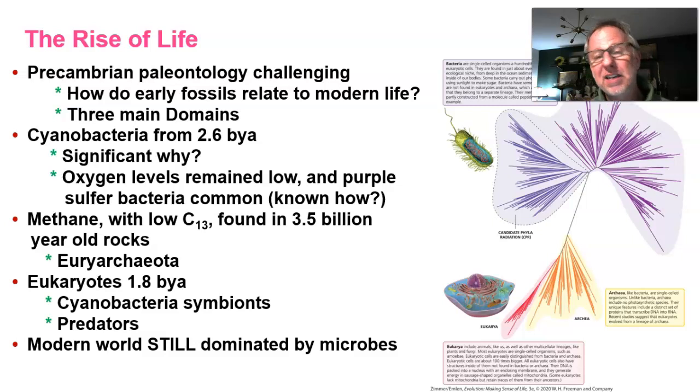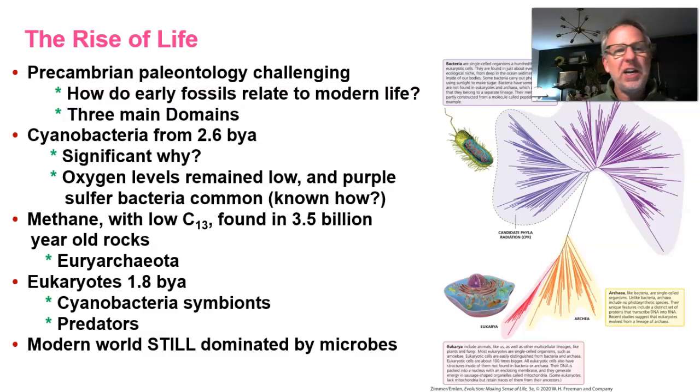So cyanobacterial symbionts gave rise to which important organelle in photosynthetic eukaryotes? The chloroplasts, of course. So that's an important early event. With the origin of eukaryotes, we begin getting the origins of predators too, because the relatively large cells are becoming multicellular.